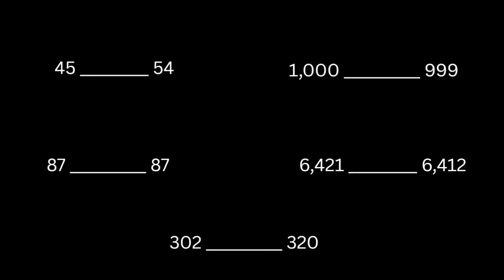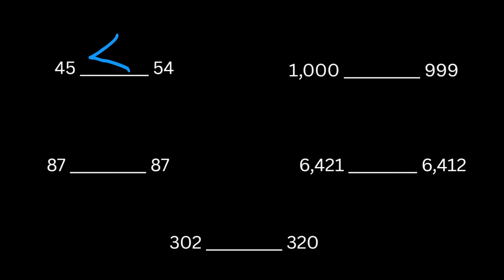Now that you understand comparing numbers, let's try these examples. Between 45 and 54, let's compare these numbers. Well, 45 would be less than 54, so you should write this symbol. Now compare 1,000 and 999. Well, 1,000 has 1, 2, 3, 4 place values, and 999 has 1, 2, 3 place values.